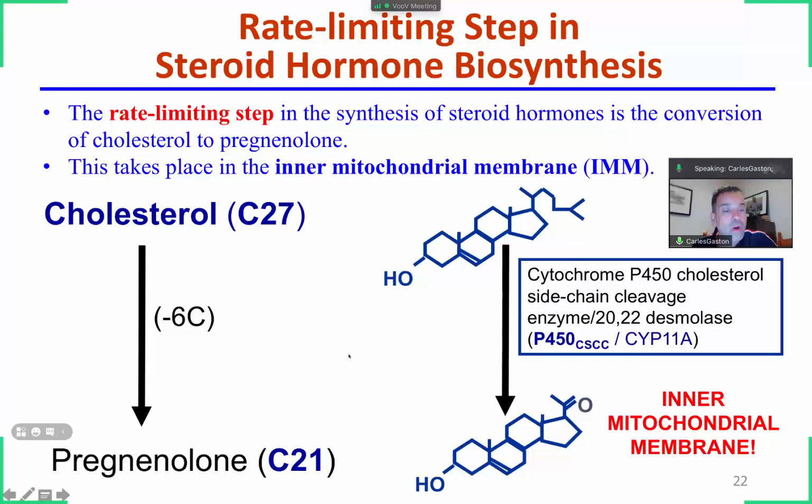So this enzyme is a desmolase, and it's called cytochrome P450, or the new nomenclature is CYP11A. So CYP11A is the enzyme that removes carbon groups and converts the cholesterol into pregnenolone. This happens in the inner mitochondrial membrane, not in the cytoplasm, but in the mitochondria.